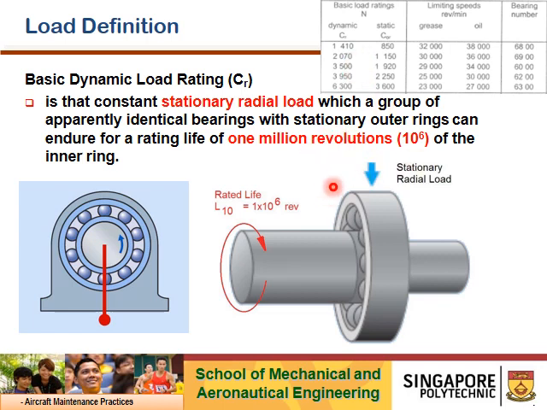Actually, the overall thing is you are supposed to calculate the required CR and compare to the catalog based on the ball diameter. Okay, and you select the catalog CR to be greater than the calculated CR.